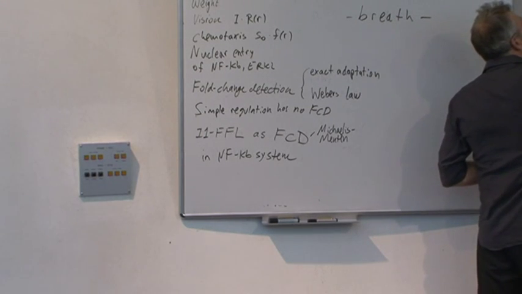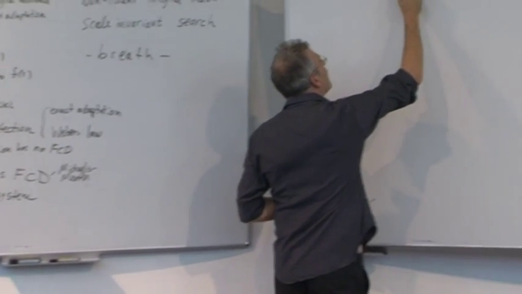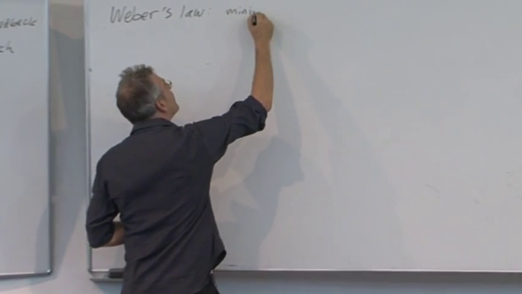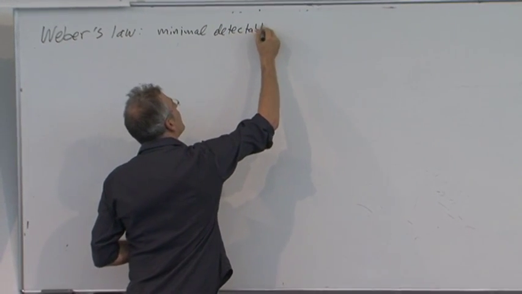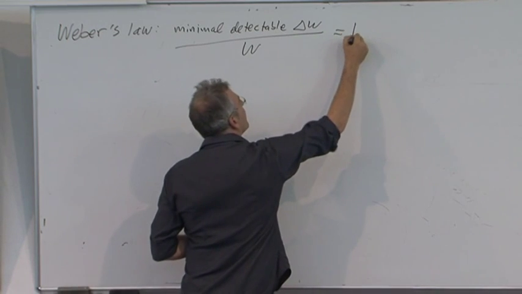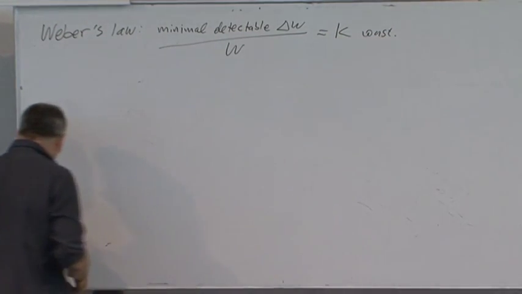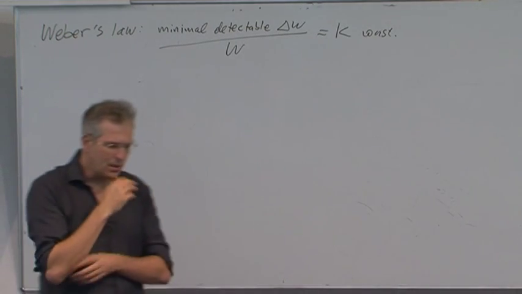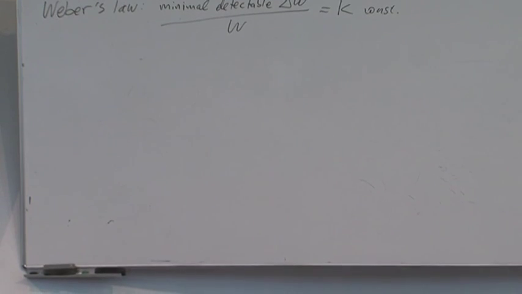This was discovered by Weber in the 1850s. This is Weber's law. And we detect relative changes. So it's easier to detect the difference between 1 and 2 kilos than between 10 and 11 kilos.